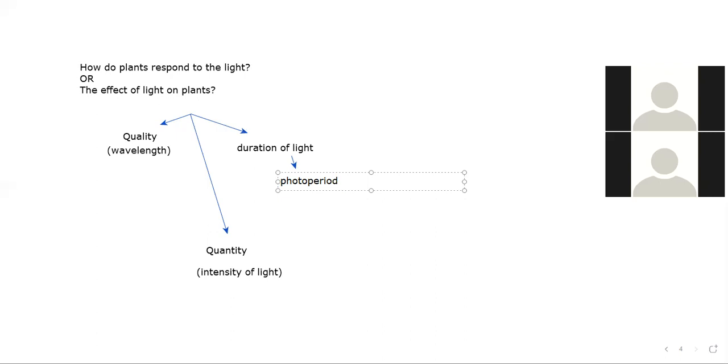Yes, sir. So now the next thing is the quantity of light, also known as the intensity of light. Intensity of light means the amount of light received at a particular place. The amount of light received varies according to the latitude, and second, it varies according to the altitude also.